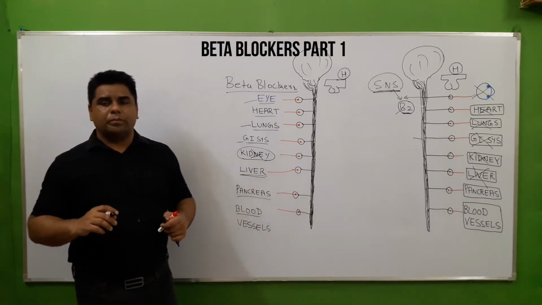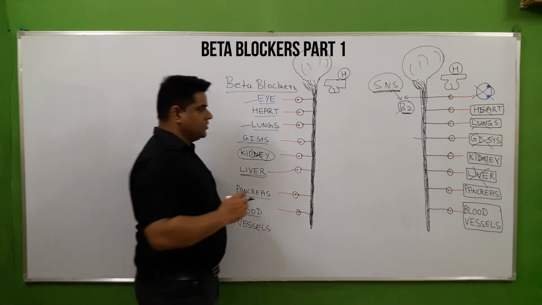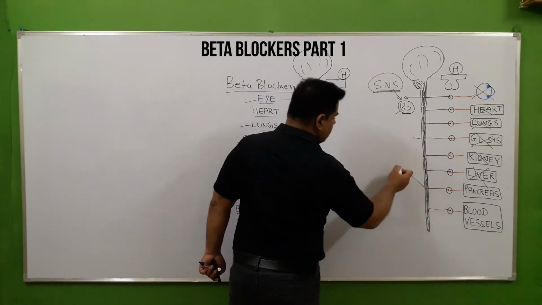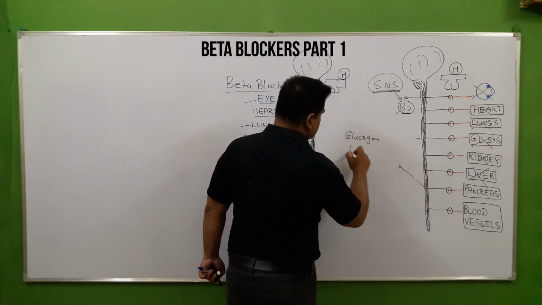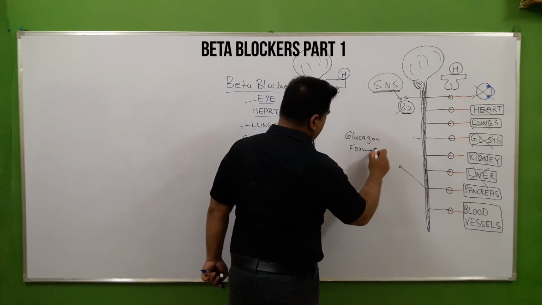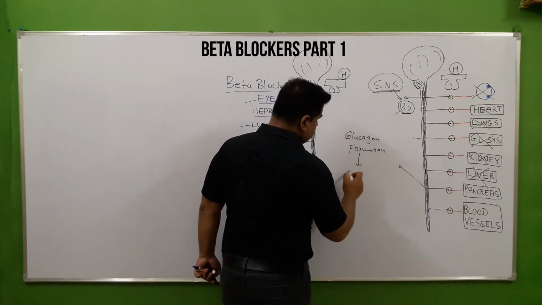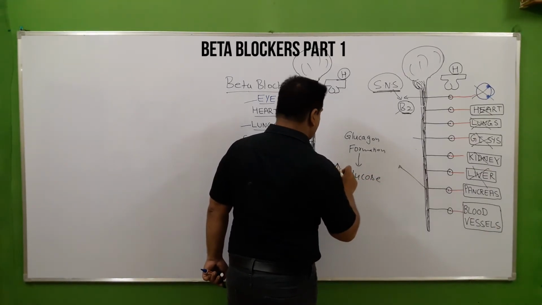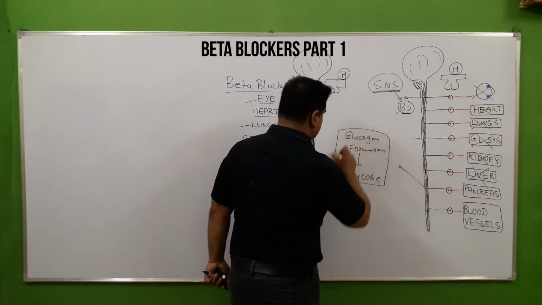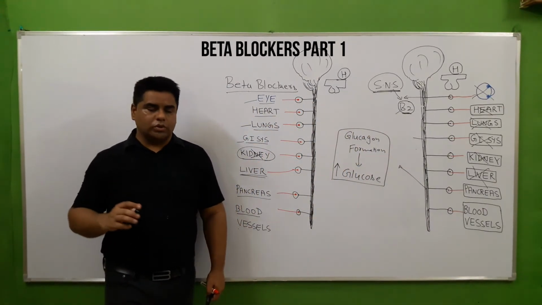So when we talk about pancreas, it stimulates the glucagon formation. So it will further break down the glycogen, convert it to glucose, and increase the blood glucose level. So it is also our friend, glucagon. Glucagon will increase formation of glucose.